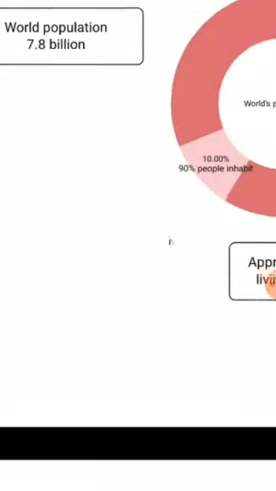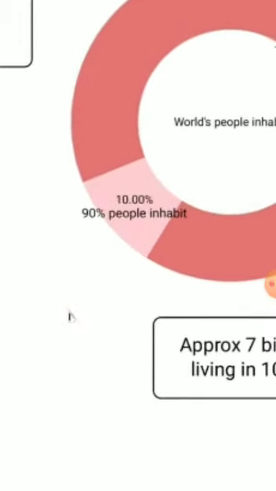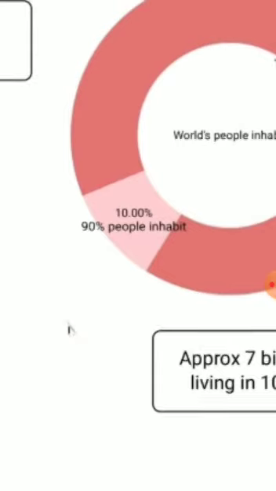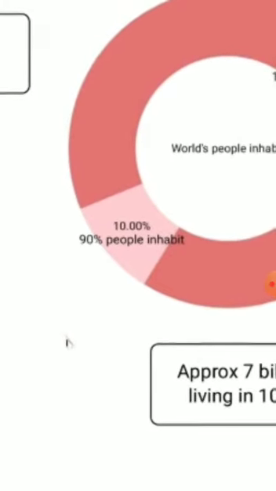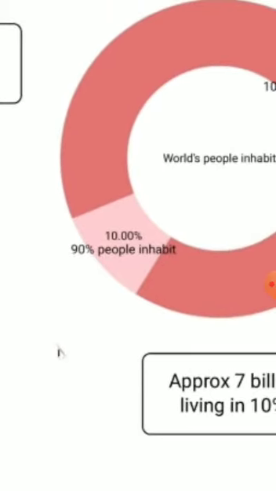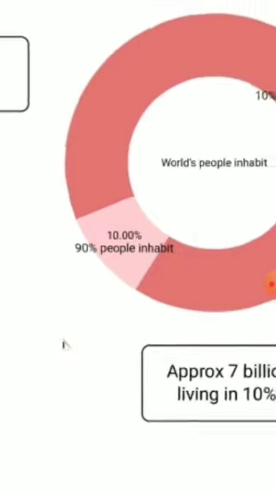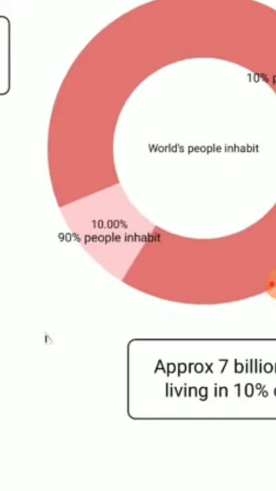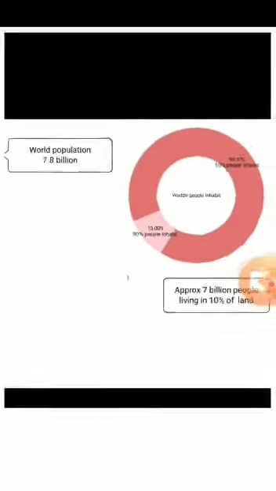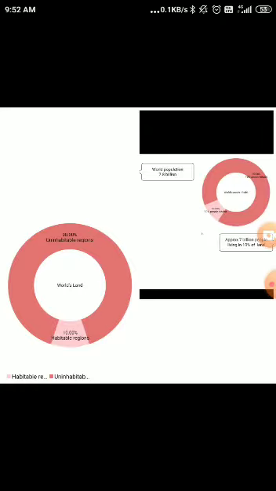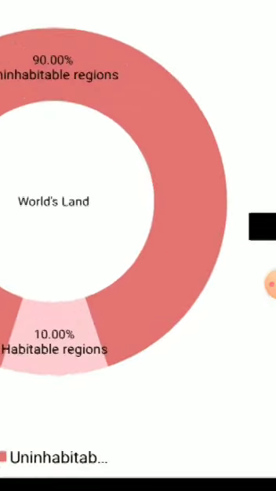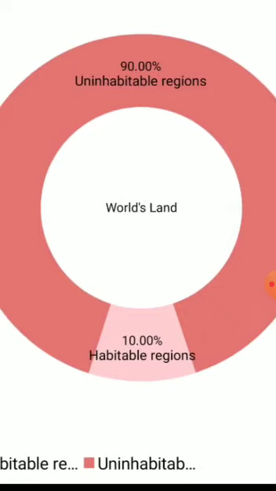It is estimated that about 90% of the world population inhabit only about 10% of world's land. Is it not amazing? Yes, that shows that only 10% of world's land is habitable.